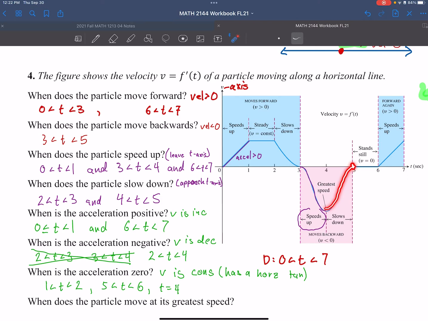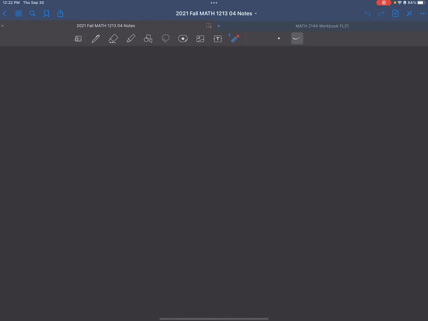The particle slows down. Because it's slowing down, acceleration is essentially pushing against the velocity. So everything needs to be accounted for. I have 0 to 1, 2 to 4, 5 to 6. So I think I just missed an answer right there.